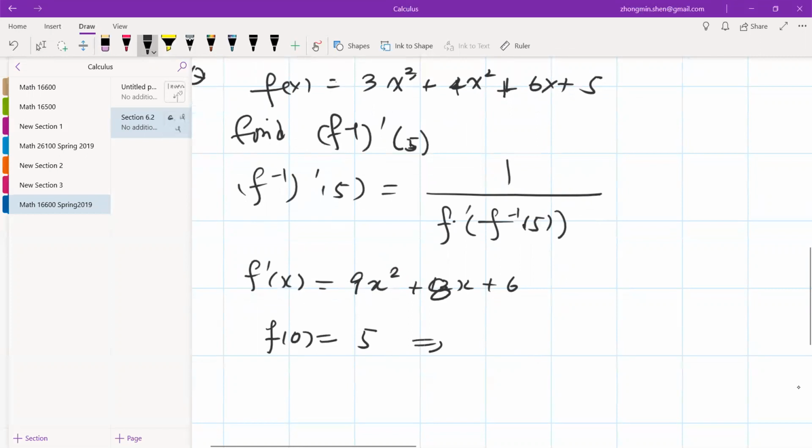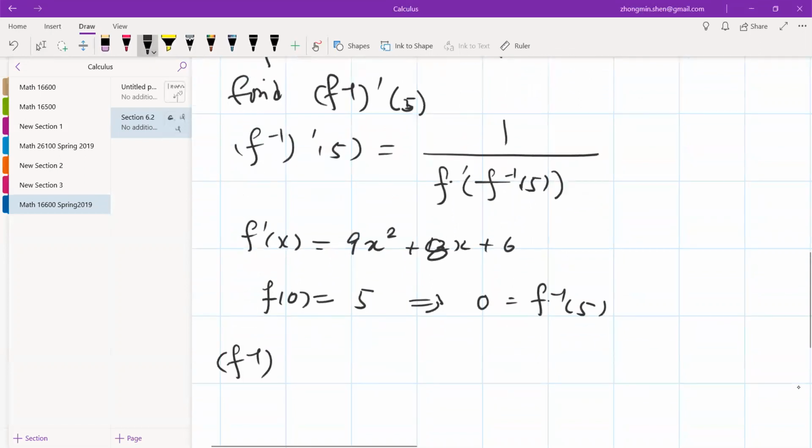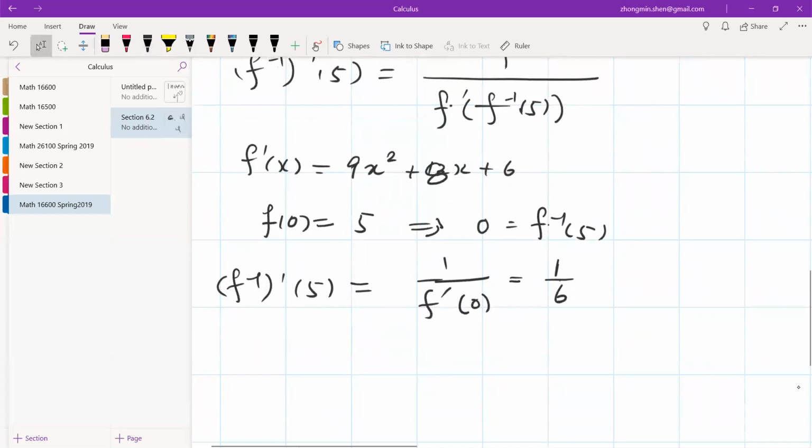This implies that 0 equals the value of the inverse function at 5. That's good. Then you plug 0 for x into the derivative, and you get 1/6. So that's the problem.